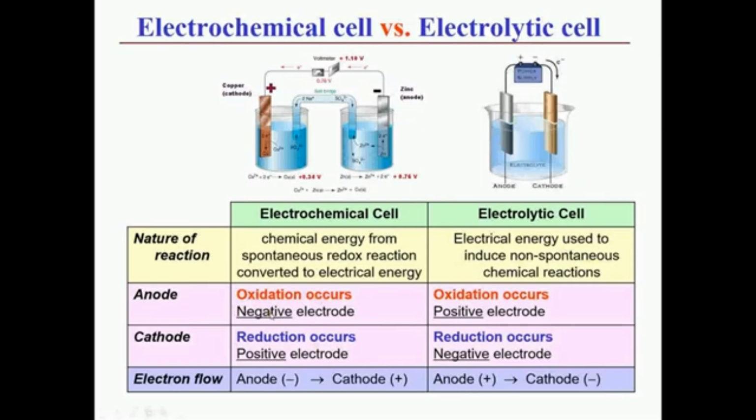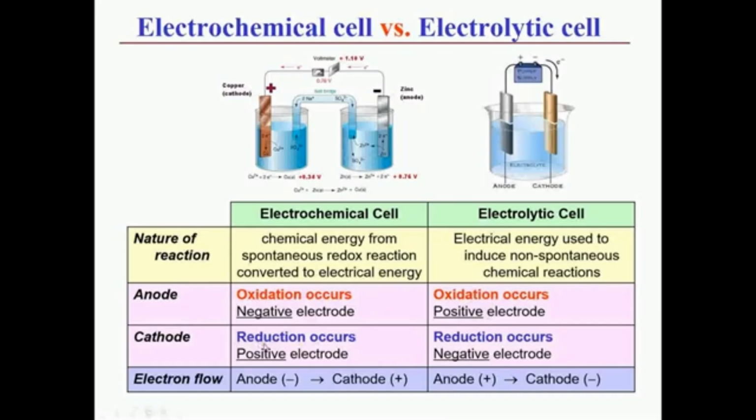In the electrochemical cell, at the anode, oxidation occurs. The anode in this case is a negative electrode because of the electrons that are lost as a result of the oxidation reaction. On the other hand, in the electrolytic cell, the anode is a positive electrode because it is the electrode that's connected to the positive terminal of the battery. Likewise, cathode is where reduction occurs for both cells.